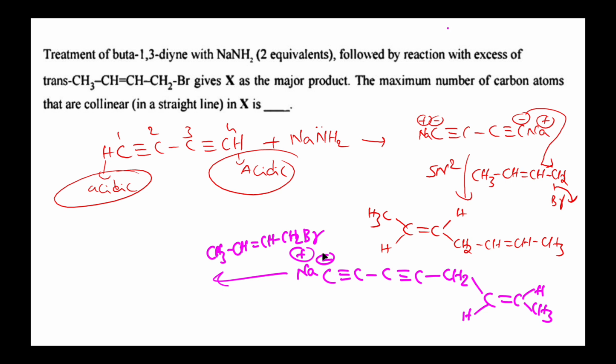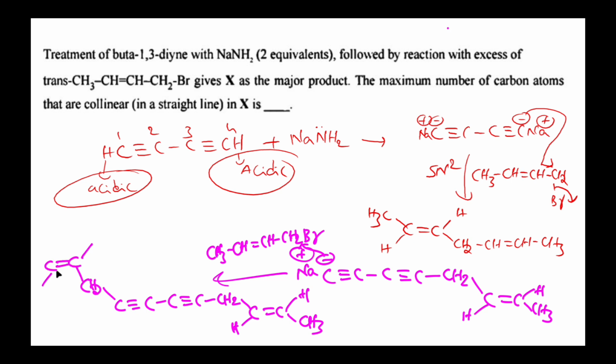Here also this C- will react with this compound. So finally we get CH3 CH=CH CH2 C triple bond C, C triple bond C CH2 CH=CH CH3. The trans compound is formed. This is the final product.